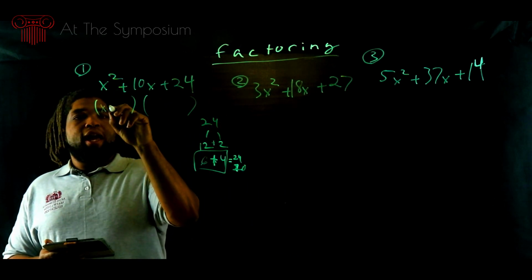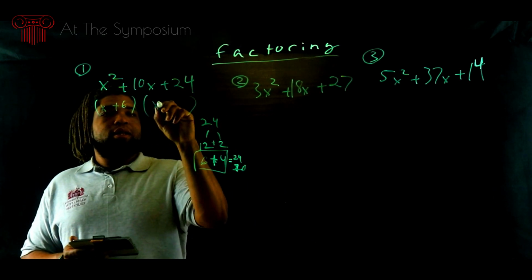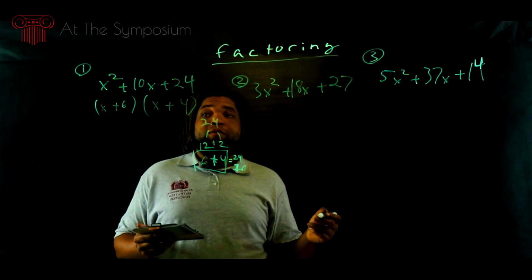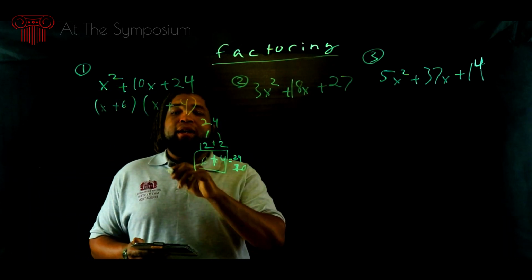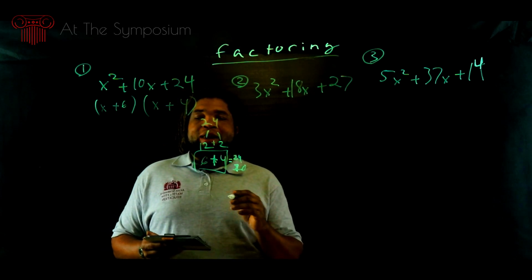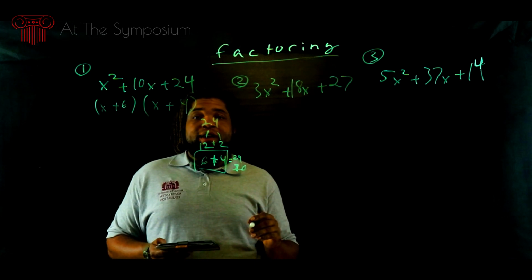So all we're going to do is say x plus 6, x plus 4. If we want to check this, we can, of course, just do our FOIL method and multiply everything and add whatever like terms there are, and we should get our answer.